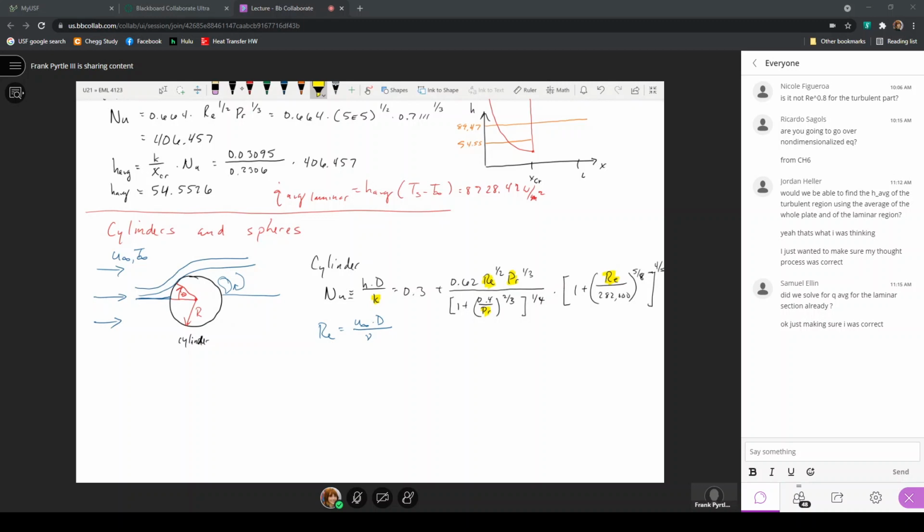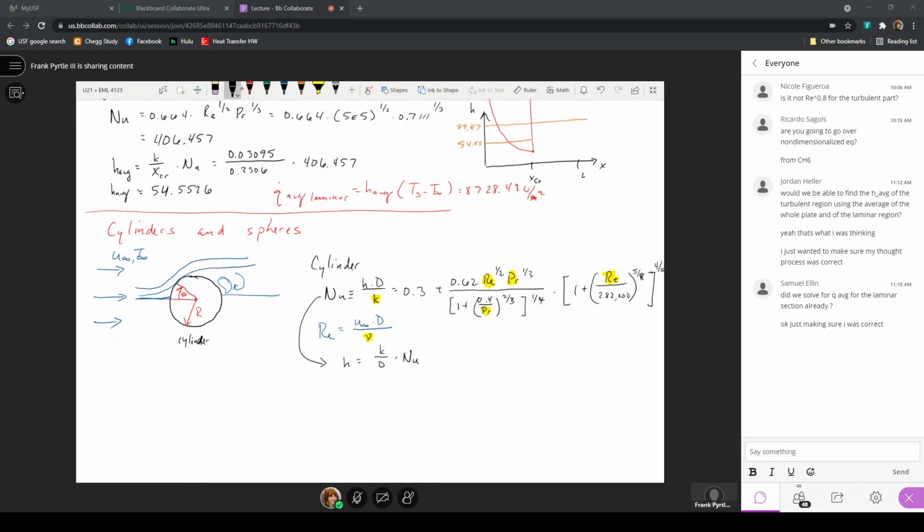To move from the Nusselt number to the heat transfer coefficient, we need the thermal conductivity, where the viscosity of the fluid is indicated in the Reynolds number itself. For this correlation, the heat transfer coefficient now just becomes k over D times the Nusselt number, where the Nusselt number is defined by this expression.